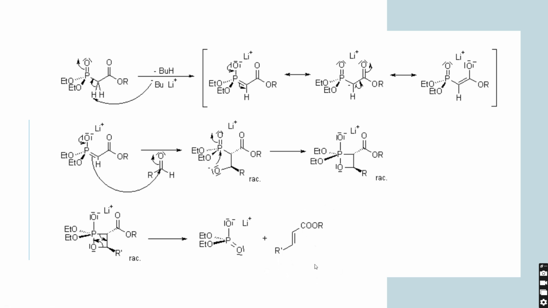So the ester group present in the first substrate is now coupled with the aldehyde, which is the second substrate, and the ultimate product that we are getting is the olefin. This reaction is known as the Horner-Wadsworth-Emmons reaction, and it is widely used in organic synthesis for this type of conversion.